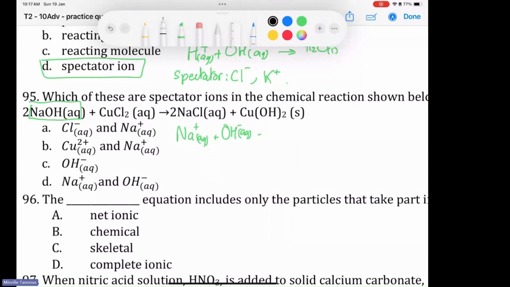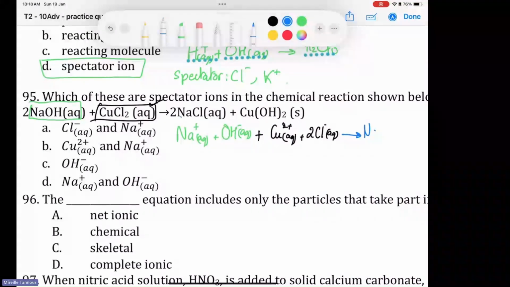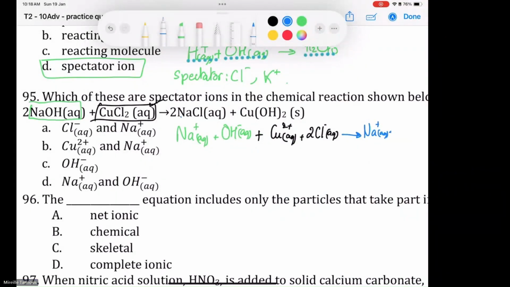I'm done with it. The second one, I'm moving on to this one. Plus Cu2 plus and Cl minus. I'm done with this part. Now, again, NaCl, Na plus and Cl minus.